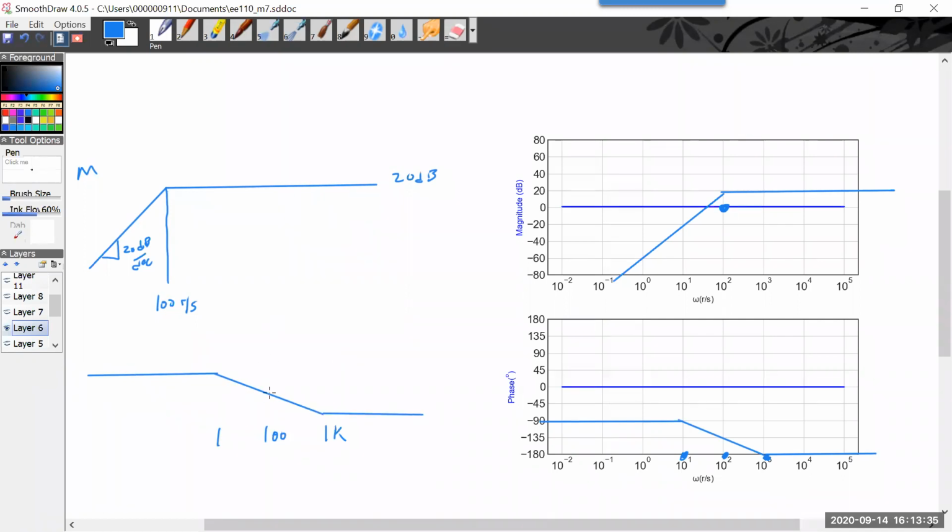You don't need to show the slope, but this was going to be 135, this was going to be minus 90, and this was going to be minus 180. So I just really need these 3 points.